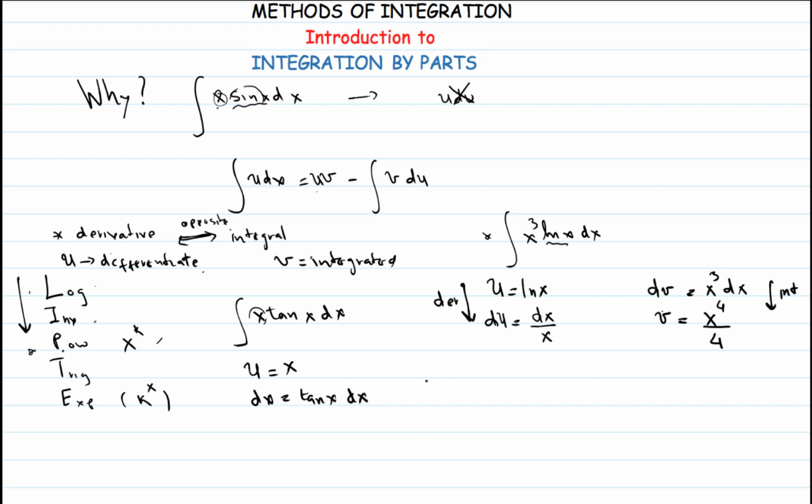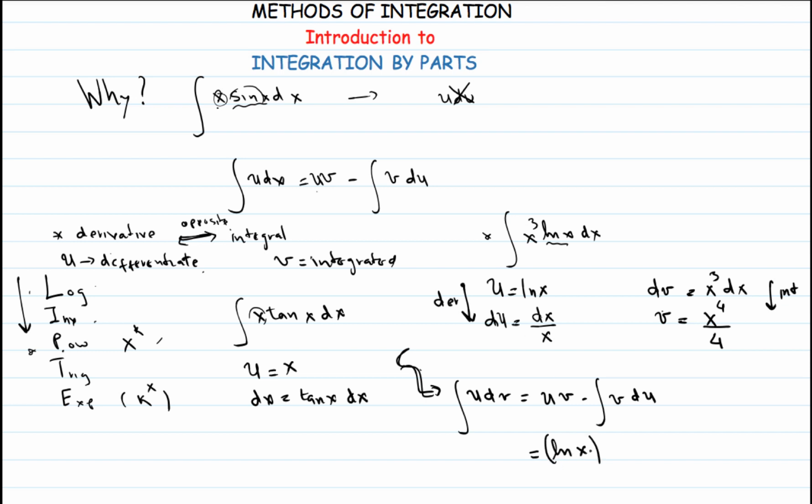Now solving this, we can solve it from here. So we have integral of u dv is equal to u v minus integral of v du. Fine. Now what is our u? Our u is natural log of x.